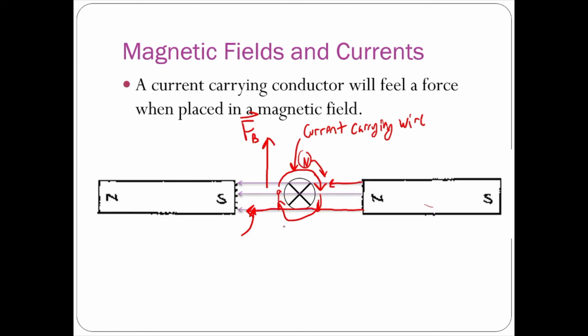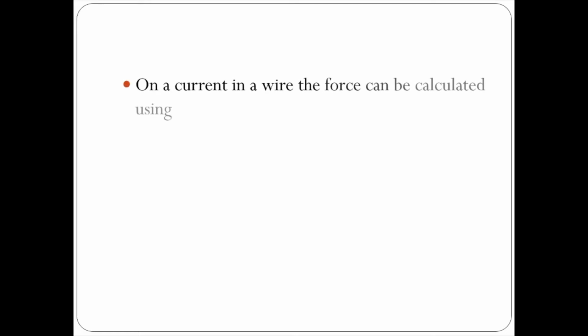And similarly, if I have a north end traveling in this direction towards the south end, this part of the magnetic field is going to get pushed up this way. So the combination of both sides being pushed up will cause the magnetic force to cause this wire to go up. So if I place this wire in this magnetic field, I can expect the wire to be moved in an upward direction.